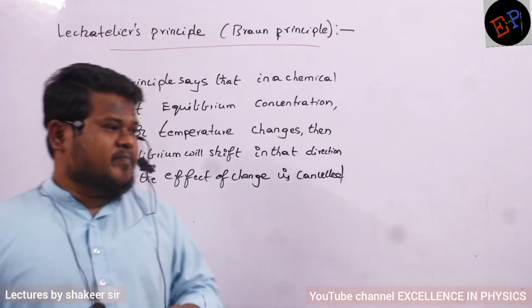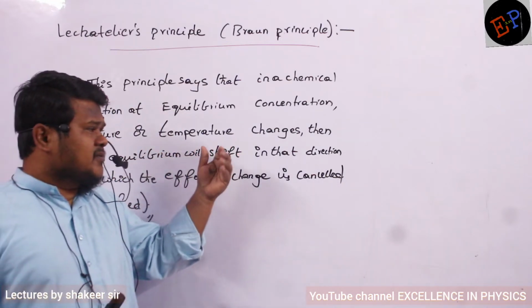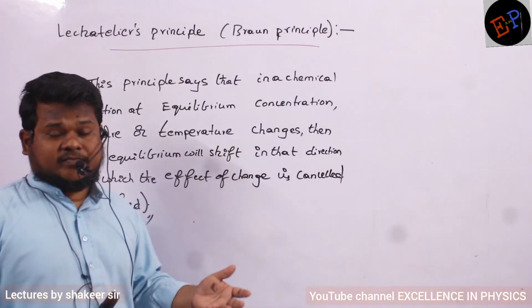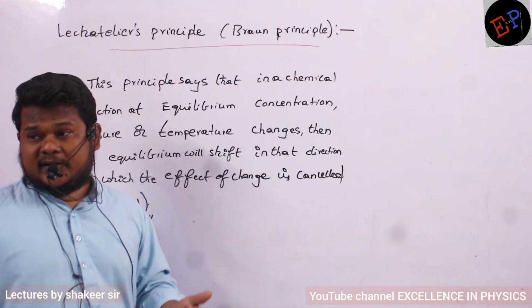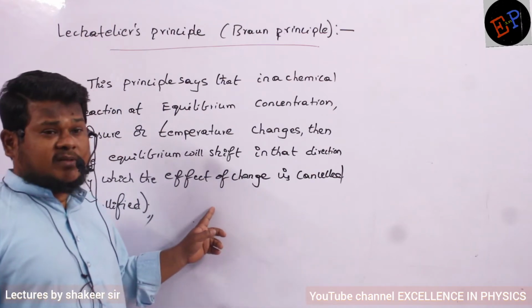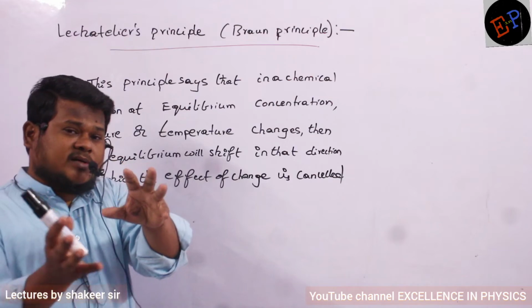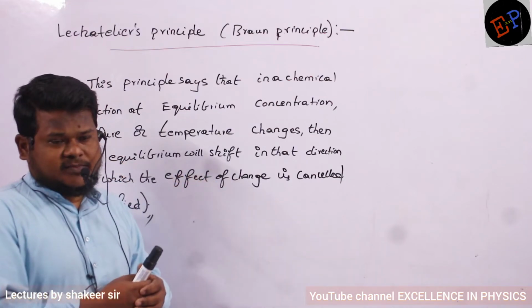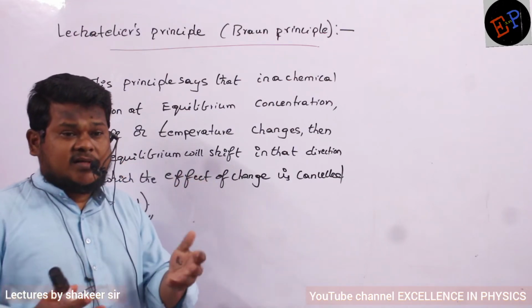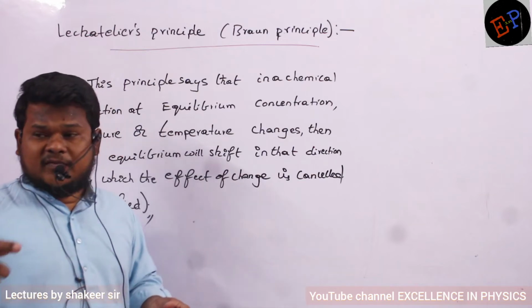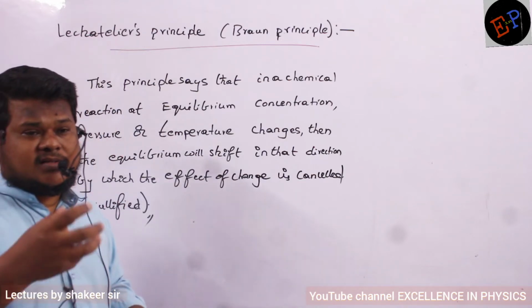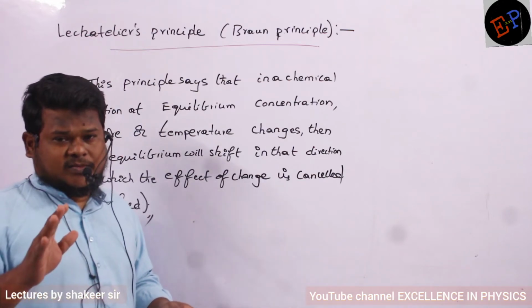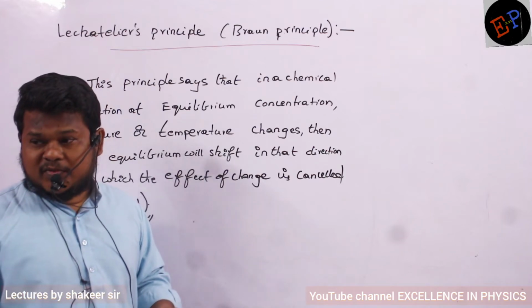Are you able to understand? So for example, if concentration is increasing, either of products or reactants, then equilibrium will shift in that direction such that that concentration is again reduced. Similarly, if concentration is reducing, then equilibrium will shift in that direction such that concentration will increase. It means we have to do opposite work.